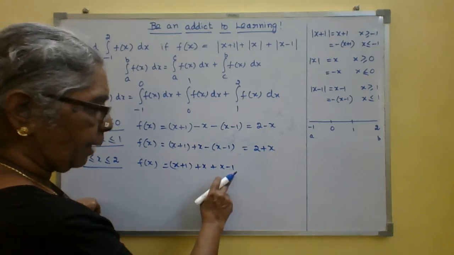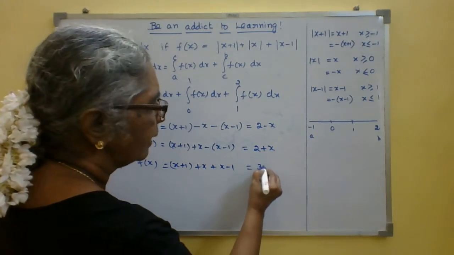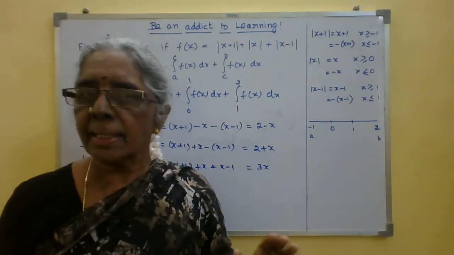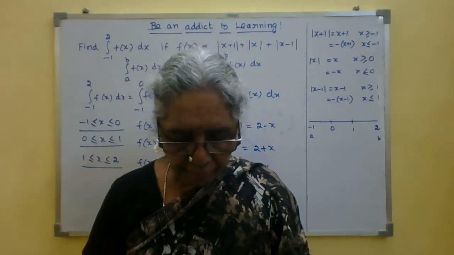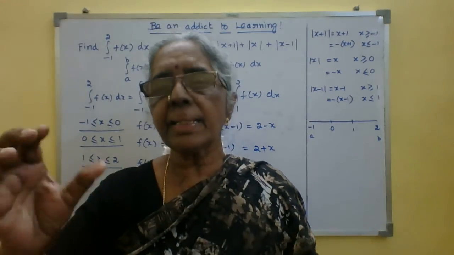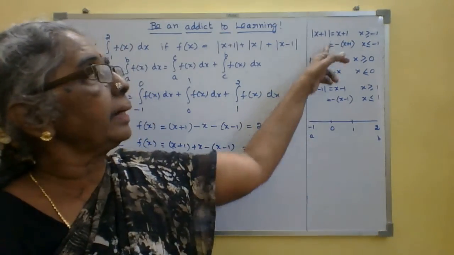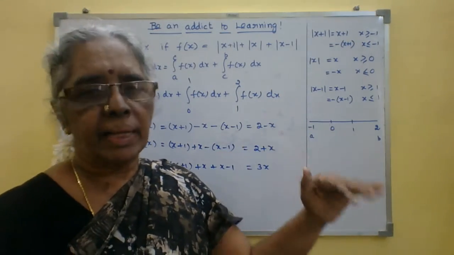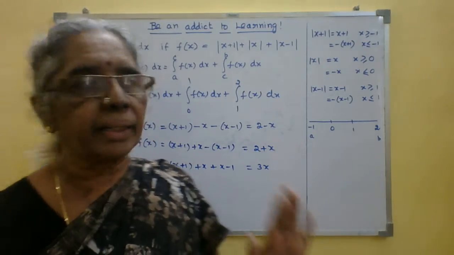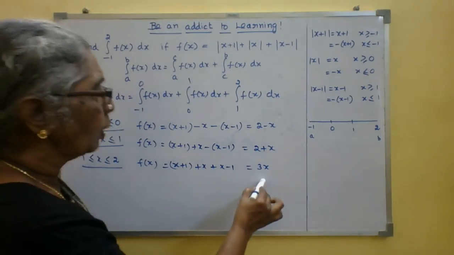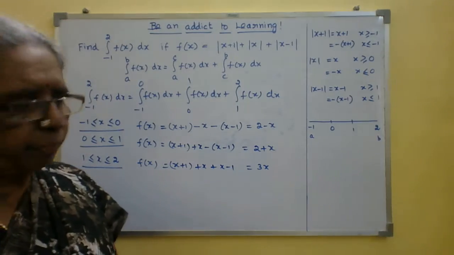Now that plus 1 and minus 1 will go, so you will get here 3x. Do you understand this? Because this is the very important step in this one. You should find out the f of x for each interval using the interpretation of modulus, whether it is greater, whether it is less, whether it is positive or whether it is negative. Once you have found out this, now the sum becomes simple for you.